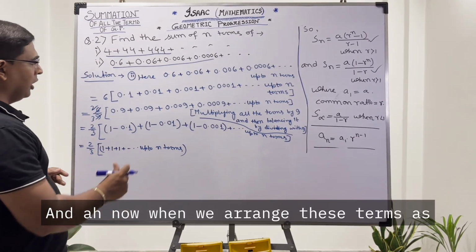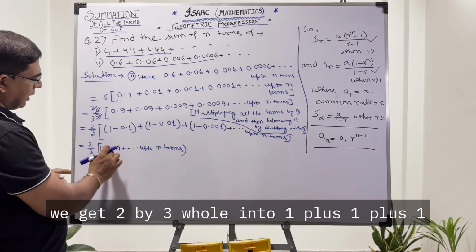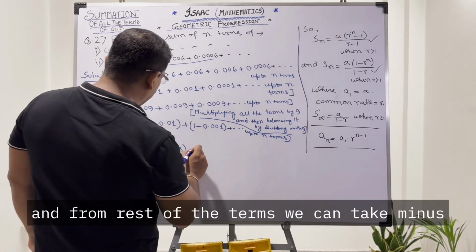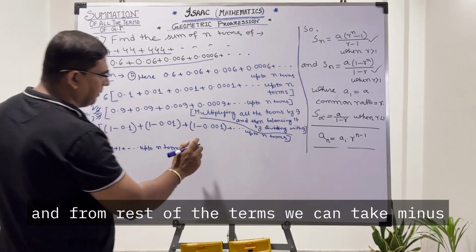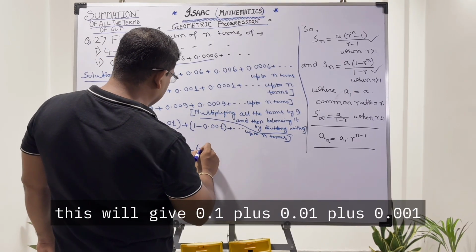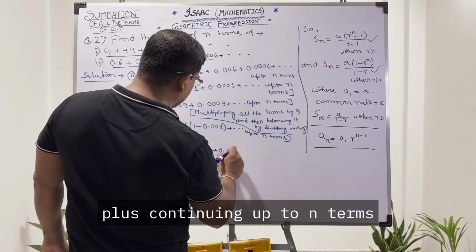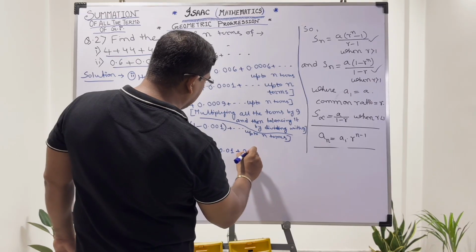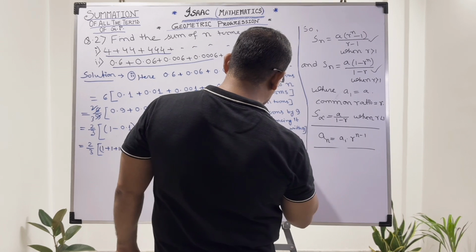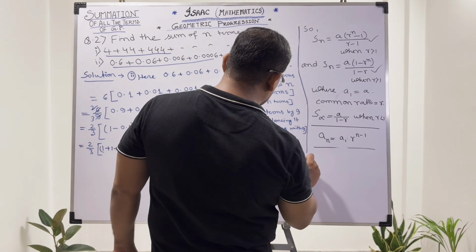And now when we arrange these terms, we get 2 by 3 whole into 1 plus 1 plus 1 plus continuing up to n terms, and from the rest of the terms we can take minus as the common factor, and this will give 0.1 plus 0.01 plus 0.001 plus continuing up to n terms.